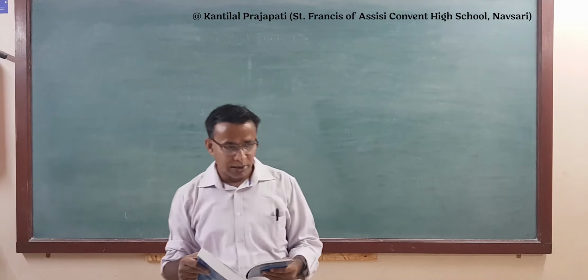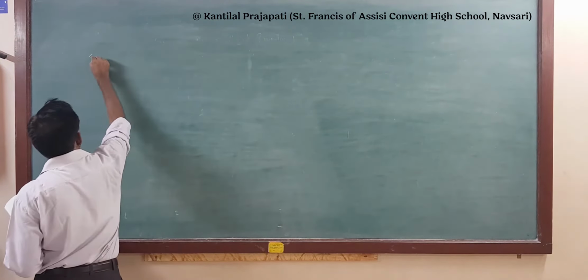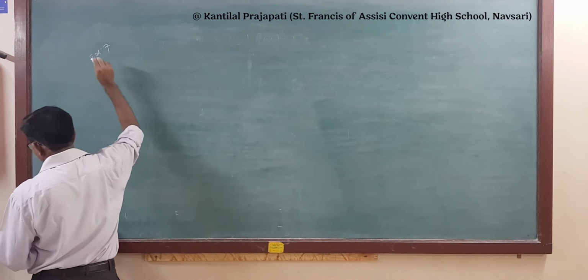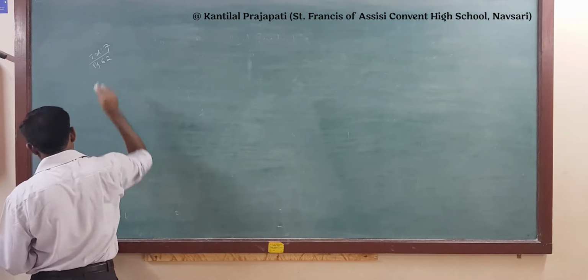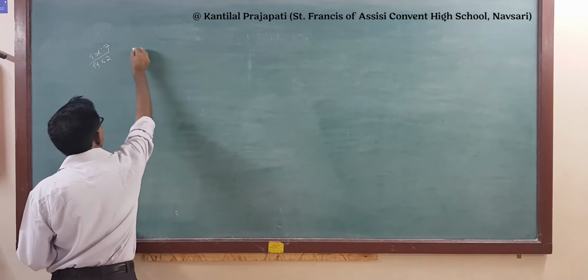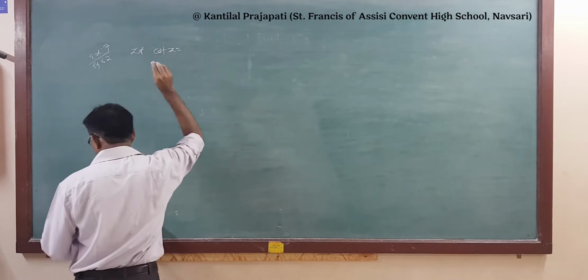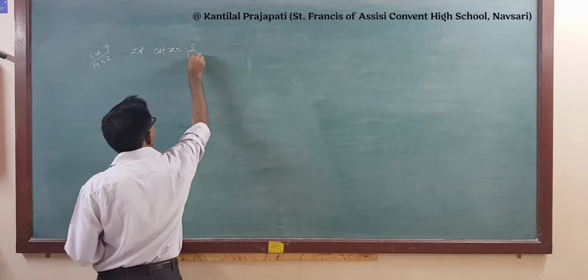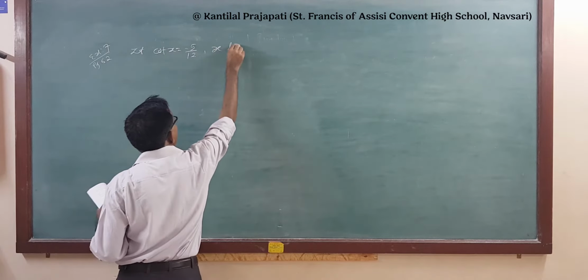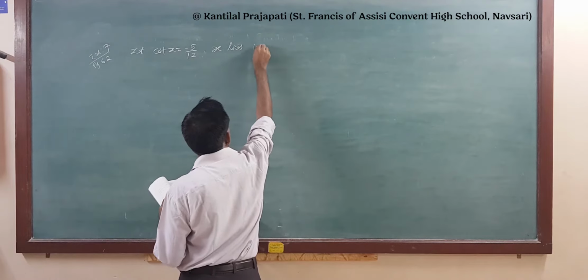Now we can see example number 7, page number 62. Here cot x is given as minus 5 by 12, and x lies in the second quadrant.